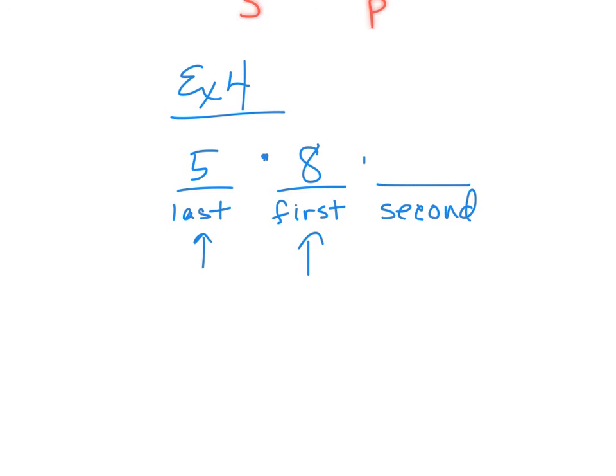I can't have either the last or the first, so that leaves me 8 choices for the second digit. And if you take 5 times 8 times 8, you're going to get 320. So 320 different 3-digit numbers without repeating digits.